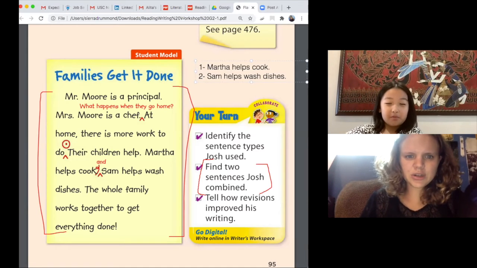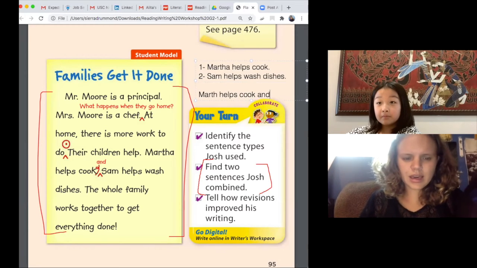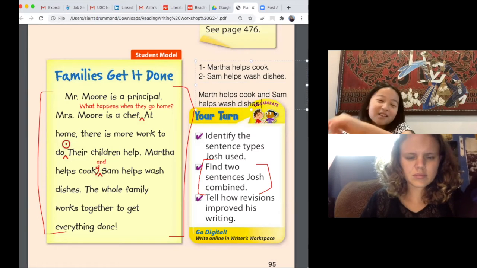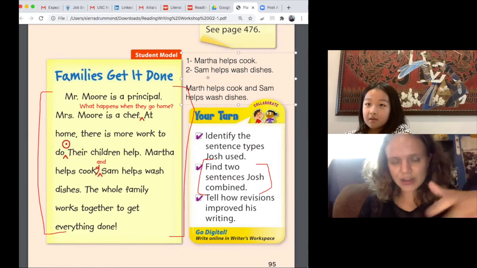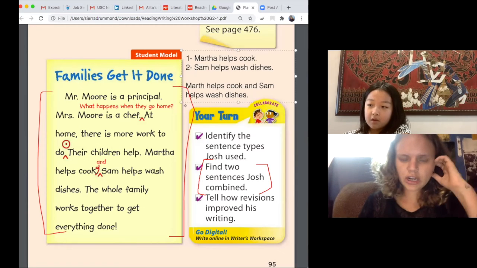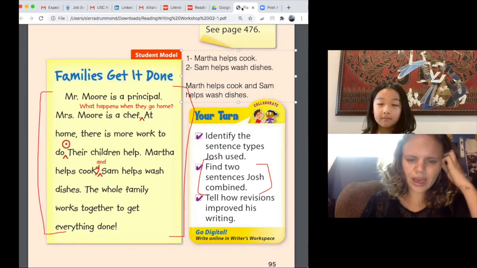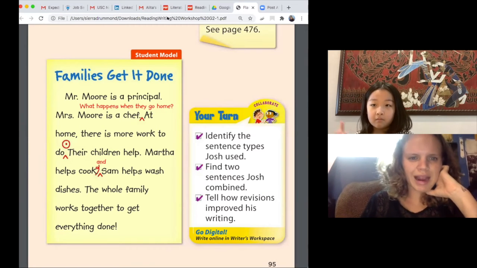So these were two, and they became one. Yeah. Good. So why do you think he did that? Because it's fun. He wanted to have different kinds of sentences, right? He wanted a longer sentence. Yep. Okay, good. So how do you think his revisions improved his writing?